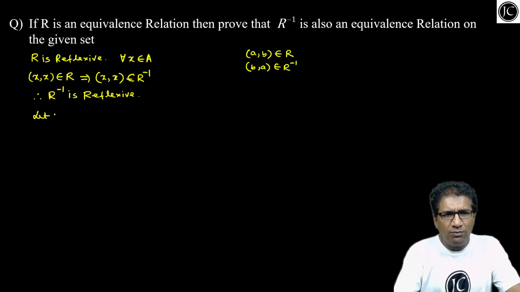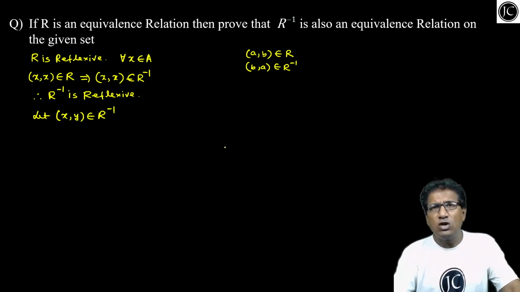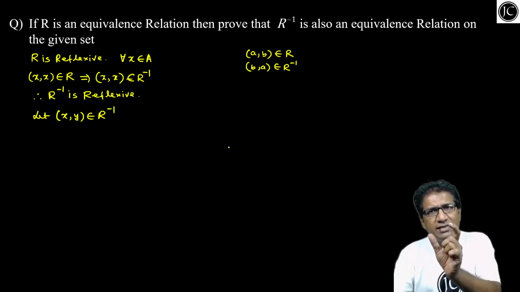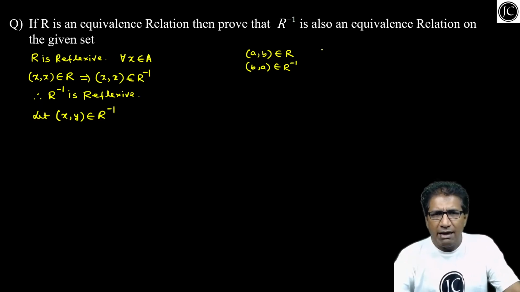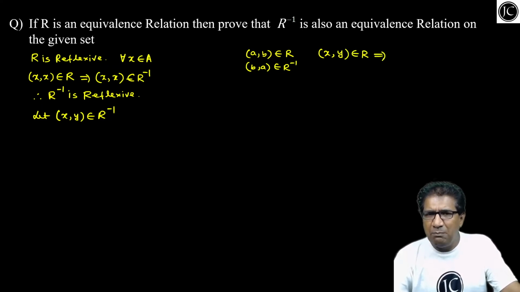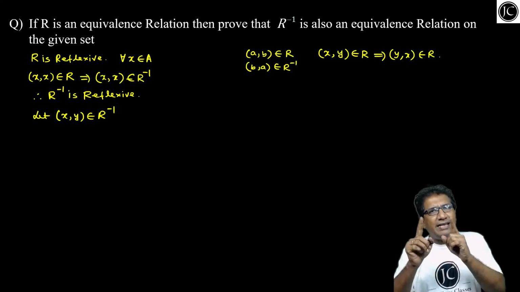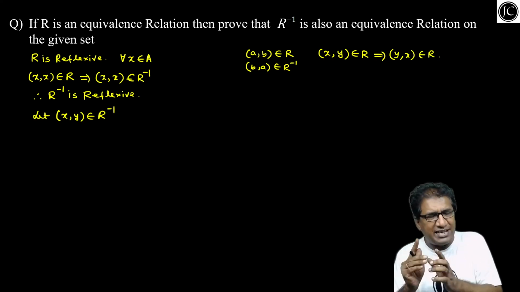Let us assume that (x, y) belongs to R inverse. Children, a relation is symmetric; to prove this, what do I have to prove? I have to prove that if (x, y) belongs to R, that implies (y, x) also belongs to R. Then we say that R is a symmetric relation.